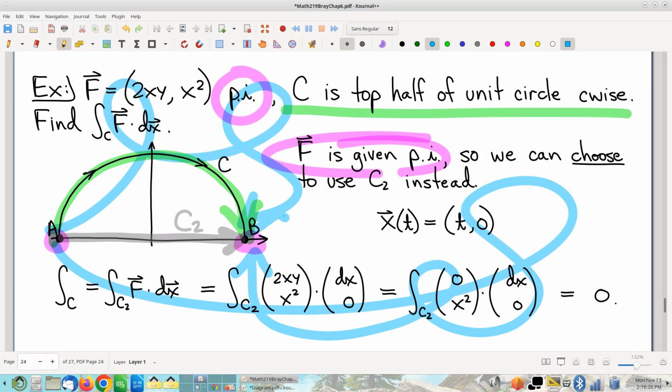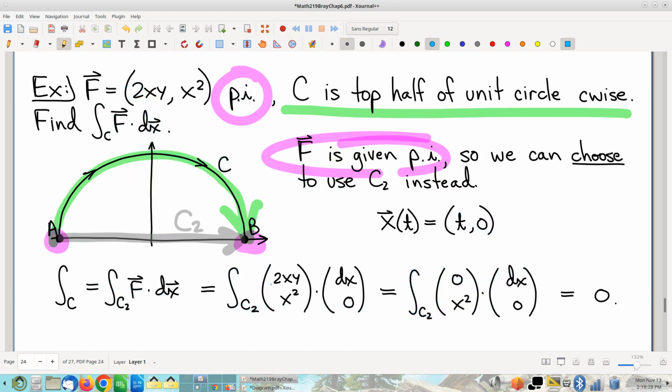Now, which one are you actually going to pick? Obviously, you're not going to do any weird loop-de-loops. Obviously, you're going to try to make your life as simple as possible. We're going to choose a straight line. Right? So now, where do I come up with this outrageous suggestion that I'm just going to throw away the curve that was given to me in the statement of the question and just pick arbitrarily, selfishly, a brand new curve?